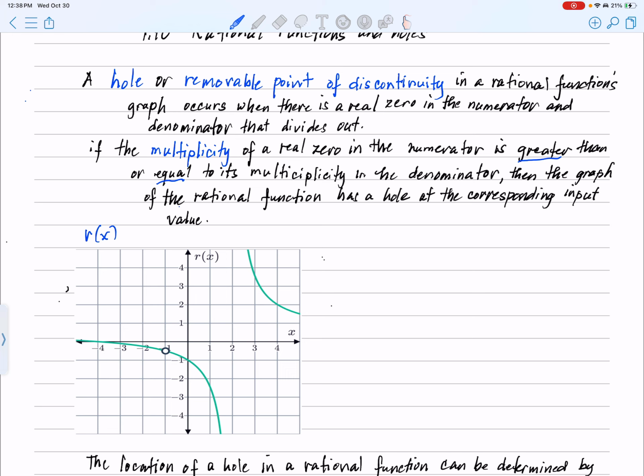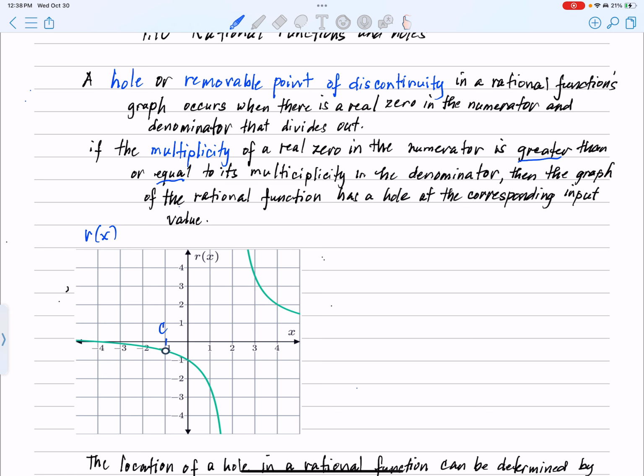So let's say this is c right there, point c. The location of the hole can be examined by examining the input and output pairs close to c.